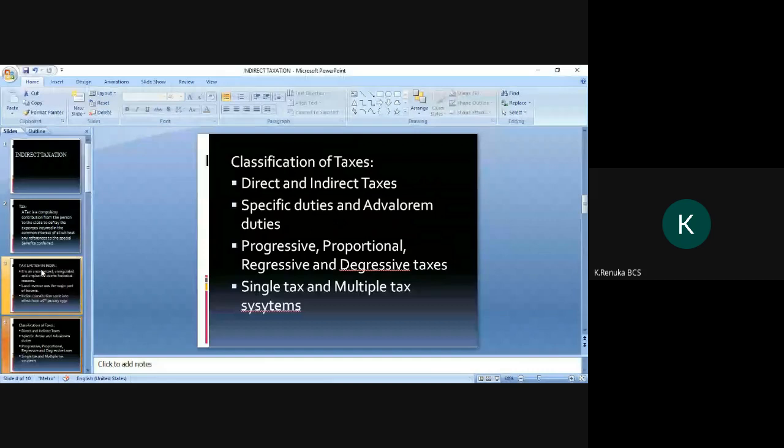But people of all income groups can be reached and taxes can be made according to their ability to pay. All groups of income are identified here, so based on the income groups and income levels, this tax can be imposed. Each and every person in the society will be identified and the respective tax will be made. So it is an easy way to reach everyone.